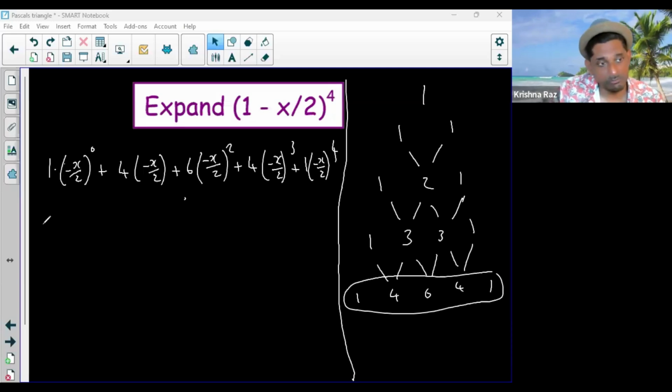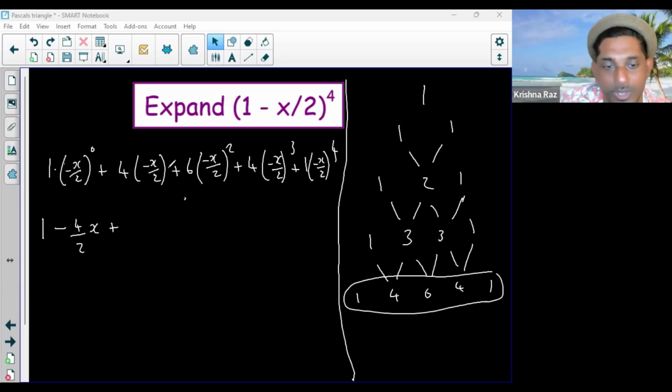So the first term will be 1. And now we can get a minus 4 over 2 x, plus 6 times minus x squared, which will be positive x squared over 2 squared.